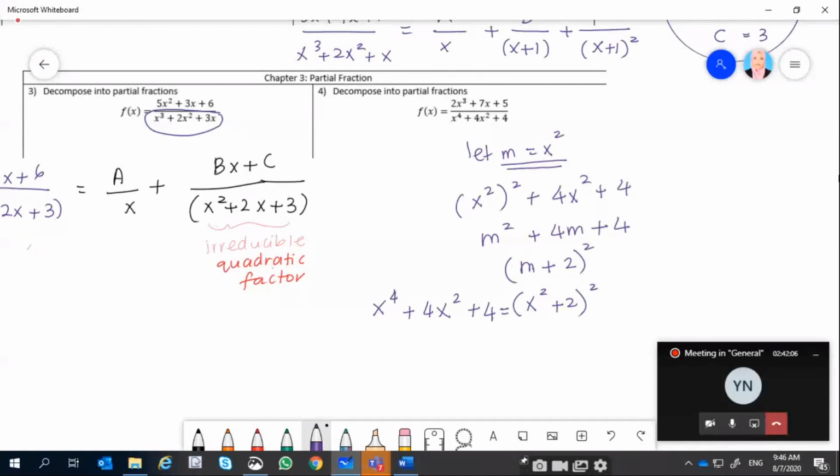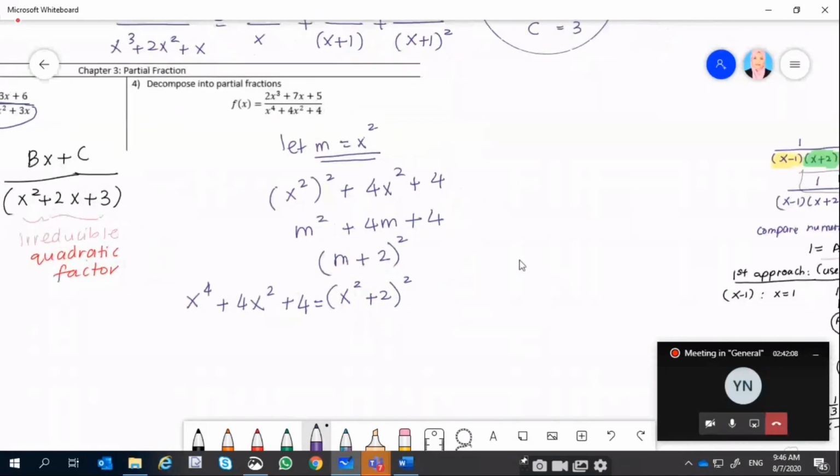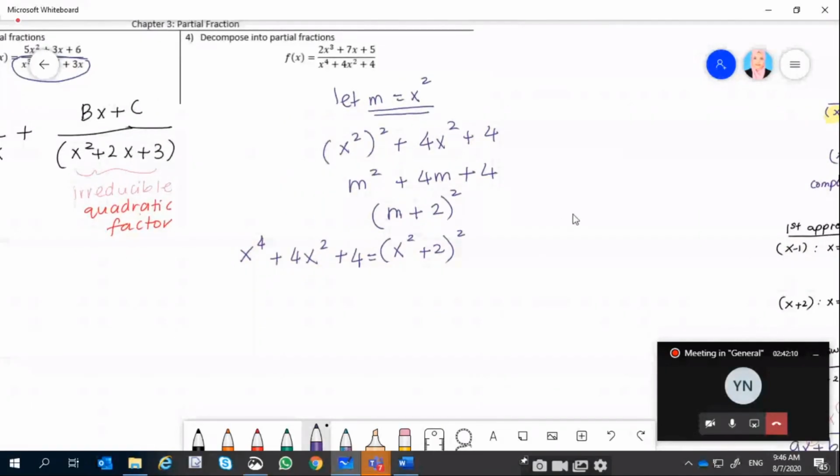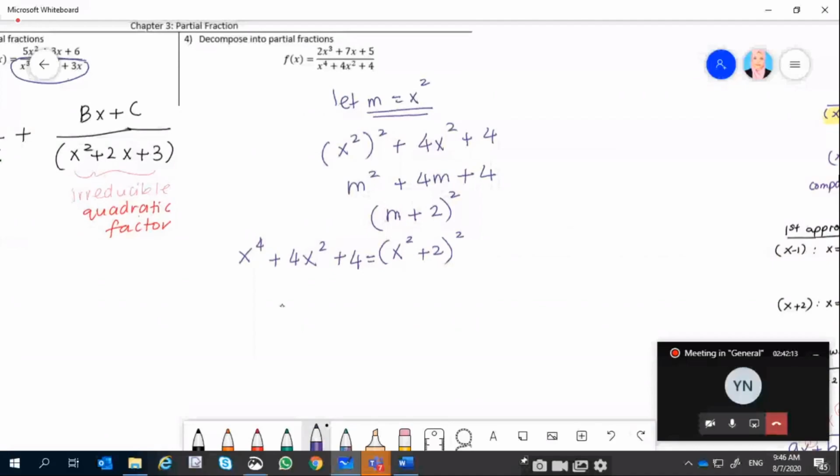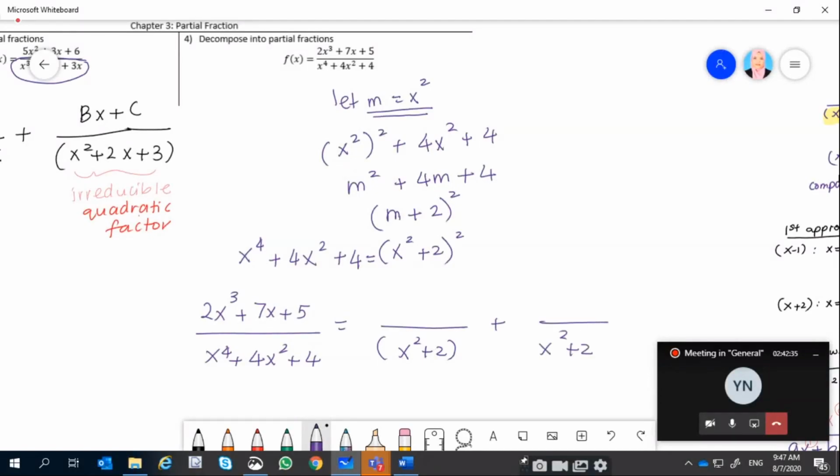As you can see here, it is a repeated quadratic factor, case number 4. So when we express it: the first one is x squared plus 2, the second one is x squared plus 2 squared.